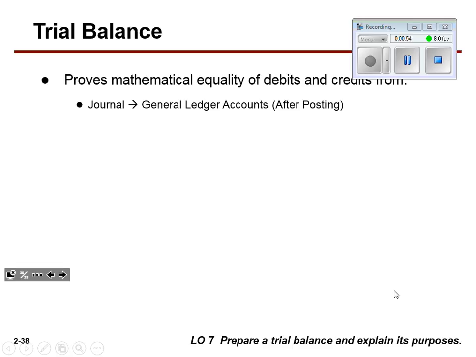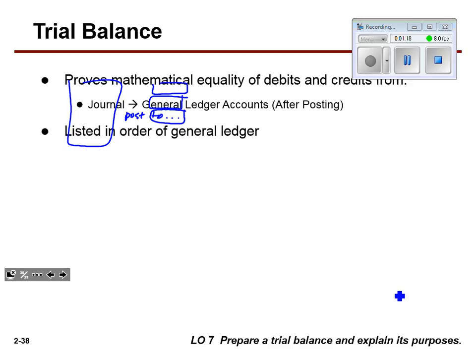I do like how they mention that you journalize and then post to the general ledger. So of course, this is the big chronological. These are the little snapshots. And you basically take a look at what the snapshots have for balances and list a debit and credit listing in the form of a trial balance.